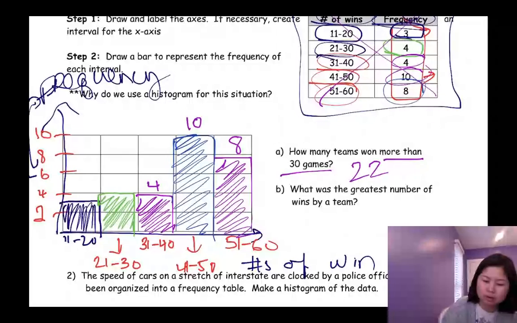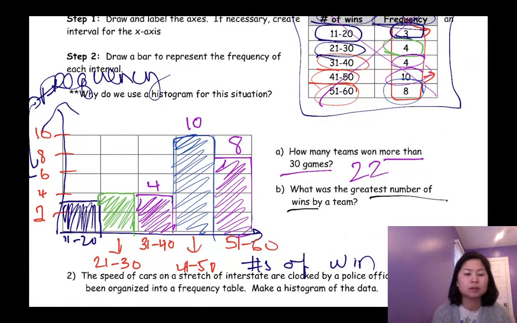So they did not ask for the class width, they asked for the greatest number of wins. So what is the highest number for the winning? If we look at the graph, which one has the highest win? 10.